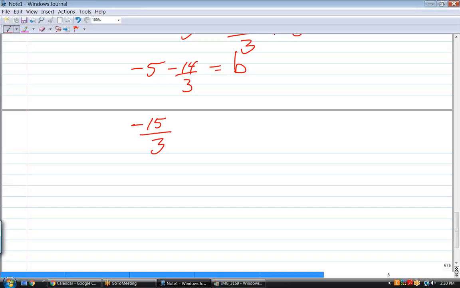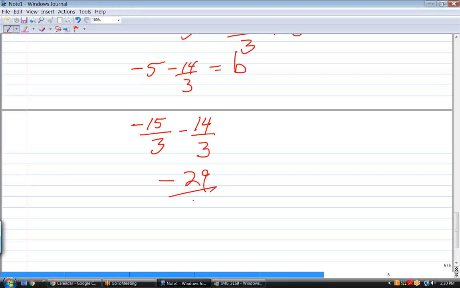That's the same as minus 5, and that's what's important, is that I not change it. Now, minus 14. What's the answer to minus 15 thirds minus 14 thirds? That would be, let's see, negative 29.